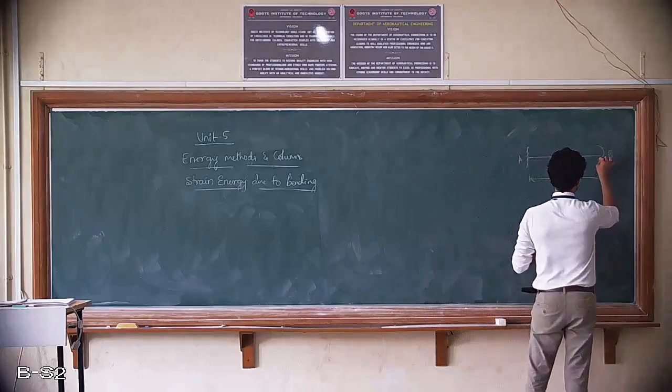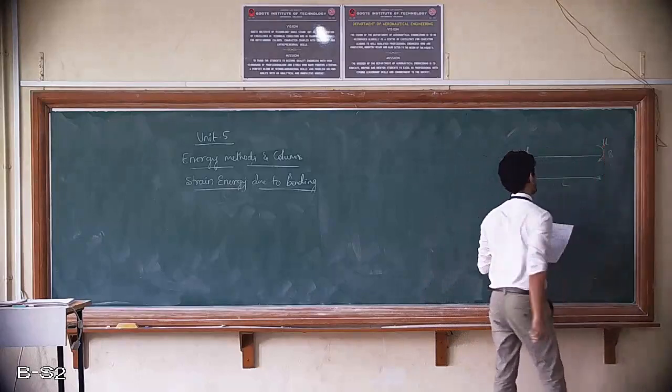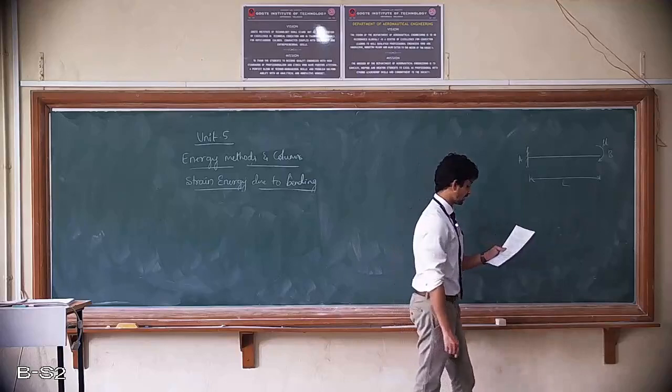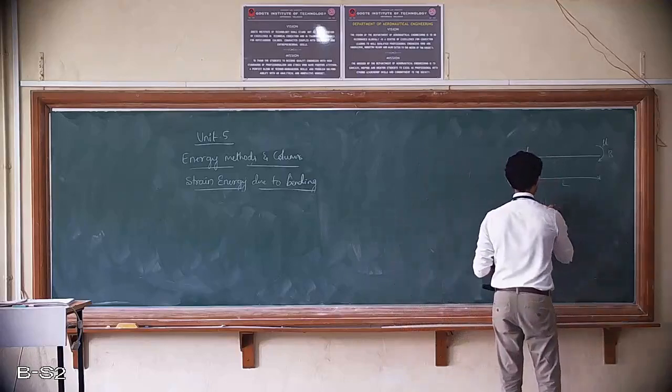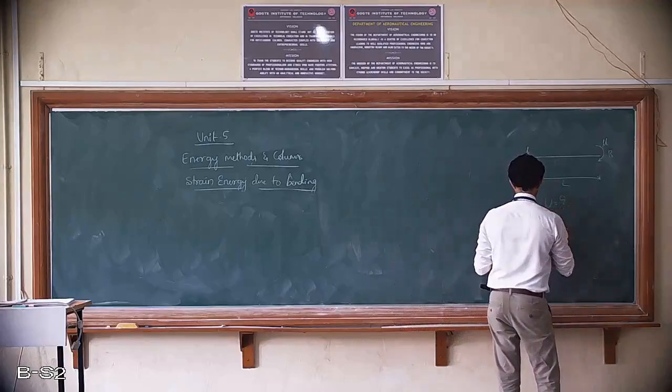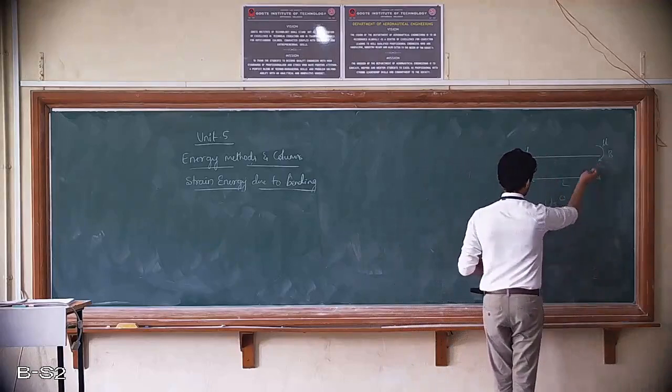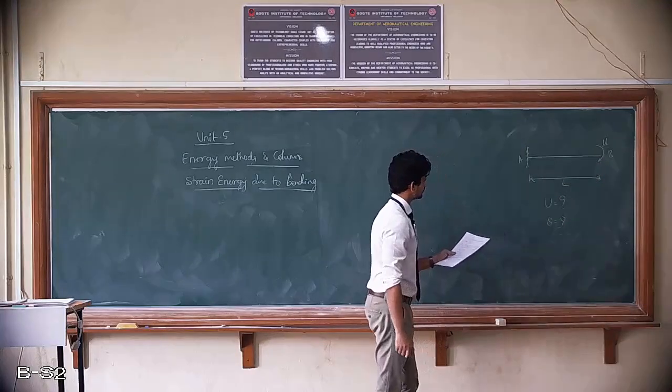So I will consider this to be positive. They have not specified mu at its free end. Determine strain energy and the rotation at the free end. So we need to deduce the strain energy and we need to deduce the rotation. Rotation is theta. What is going to be the rotation there?